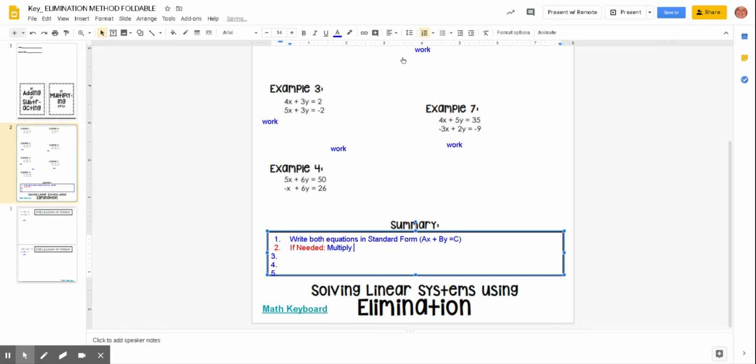Multiply one or both equations by an integer so one set of variables will eliminate.